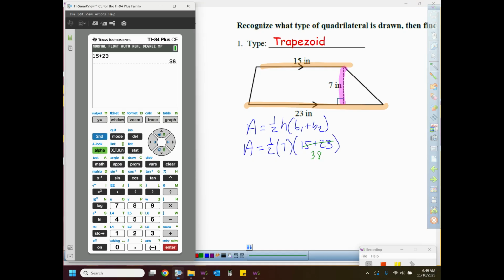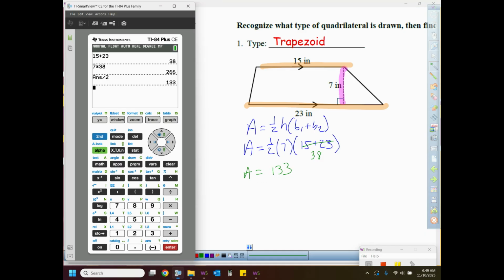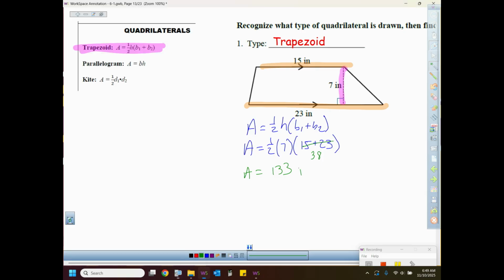Or another way to do that is save that 1/2 for last, do 7 times 38 and hit equals. And instead of multiplying by 1/2, you could also just divide by 2. And the area of this bad boy will be 133, and then we'll go put a label on it. Since area is in square units, we'll do that because there's 2 dimensions involved. There's like a length and there's a width, right? So we've got inches squared on that bad boy.